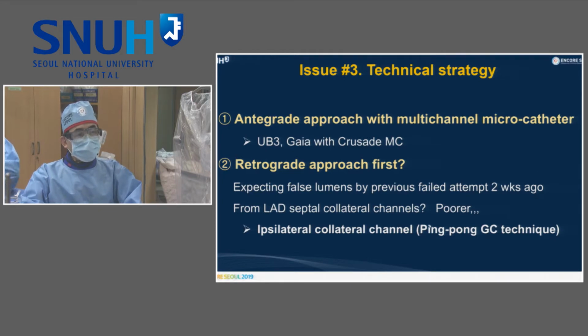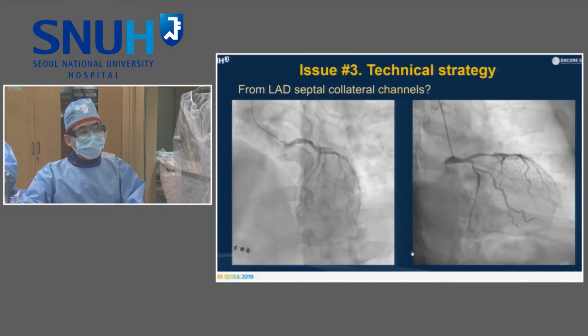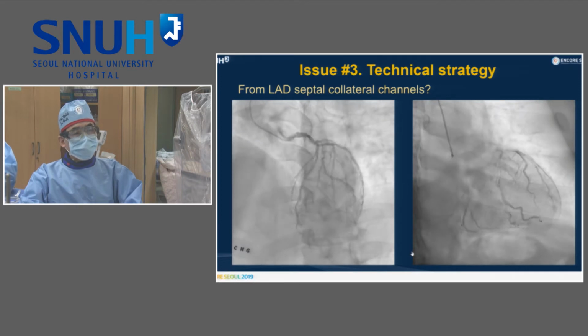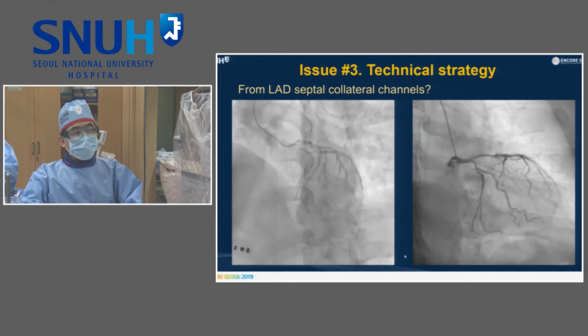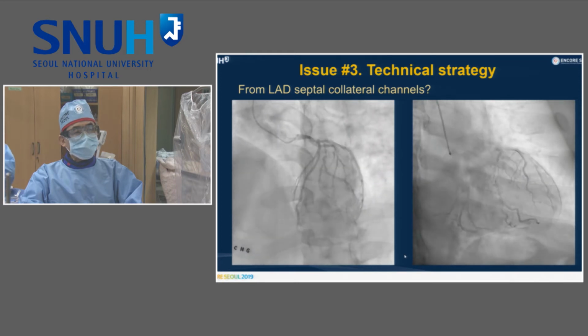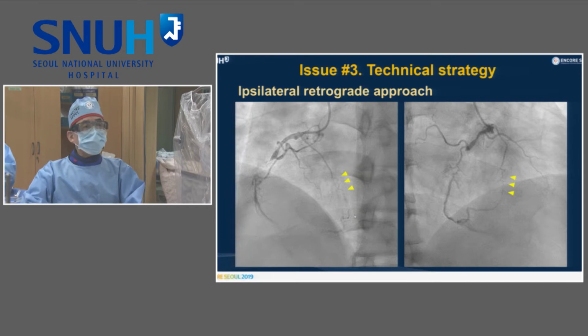From LAD septal collateral channels or ipsilateral collateral channel using the ping-pong guiding catheter technique? Here are the septal collaterals from left to right. It's not so prominent, but there are prominent ipsilateral retrograde epicardial collateral channels here.